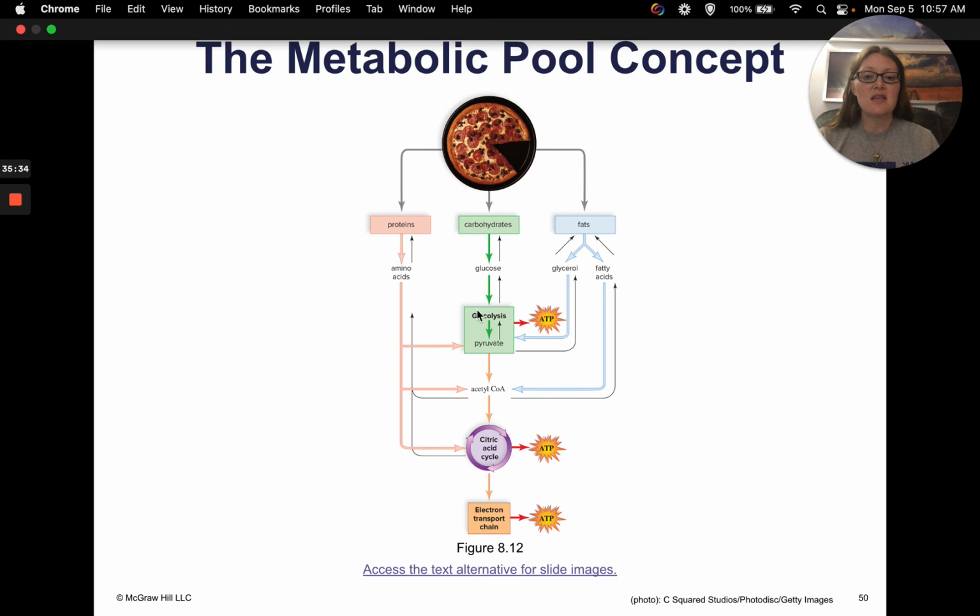So you can see, even though we've been talking about how carbohydrates are the most efficient for our bodies to use, we can use proteins and lipids as well to make ATP. They just get inserted into different steps of that overall chain of cellular respiration.